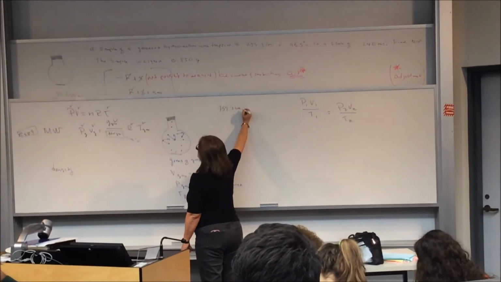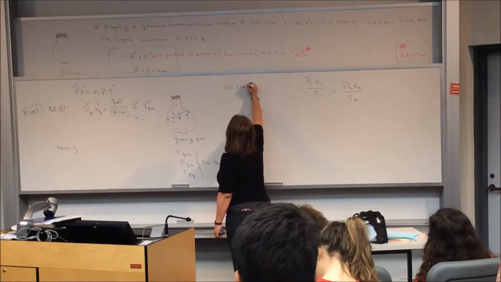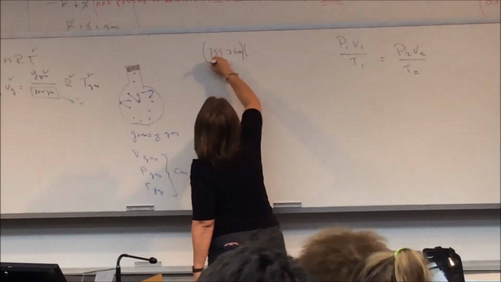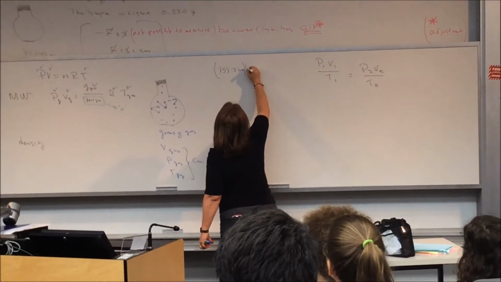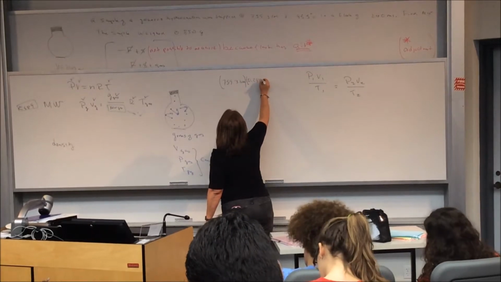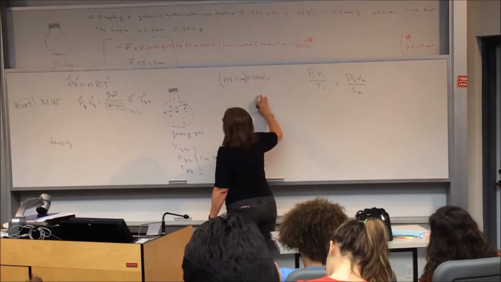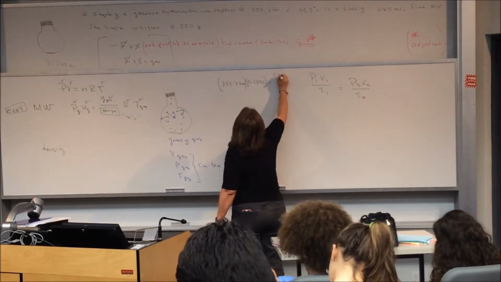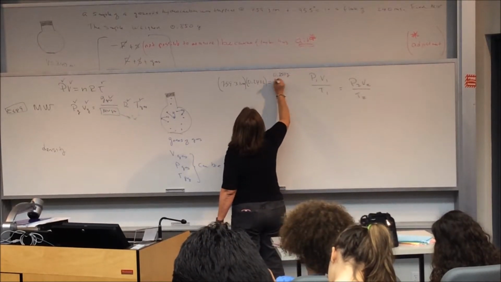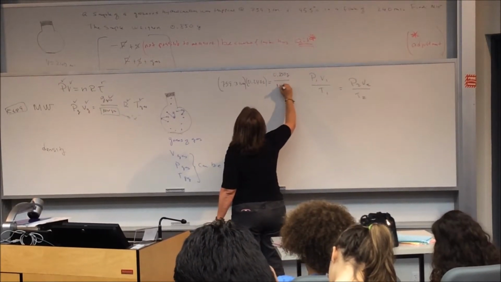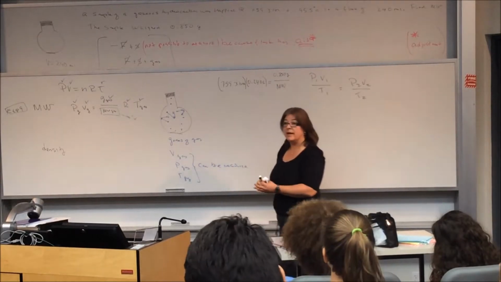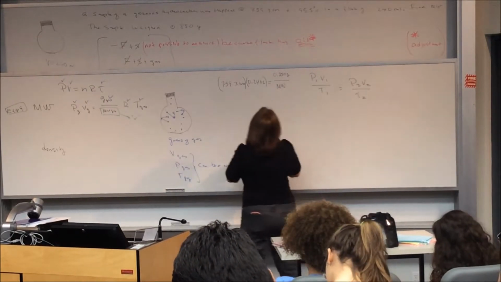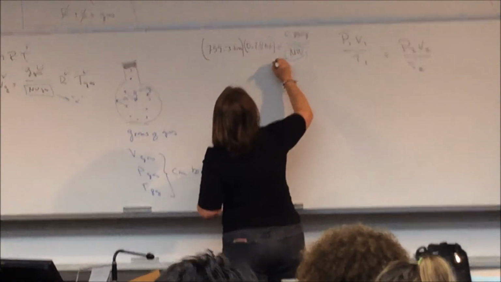Torr. What was the volume of the flask? 0.240 liters equals 0.850 grams divided by the only thing I don't know, which is my x.